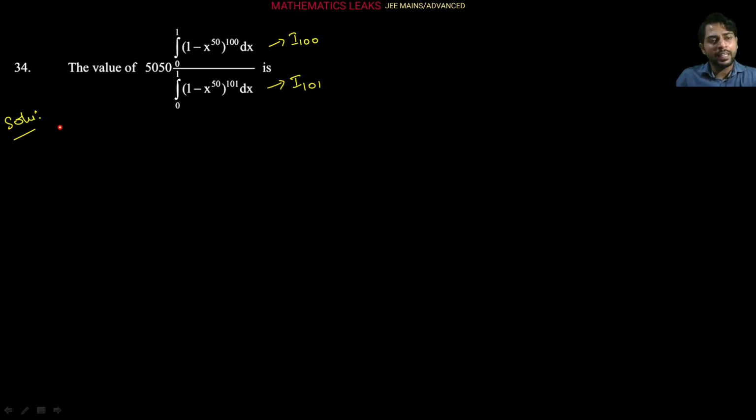So we are getting I101 is integral from 0 to 1 of (1 minus x to the power 50) to the power 101 dx, right now. So here I am just going to use integration by parts.